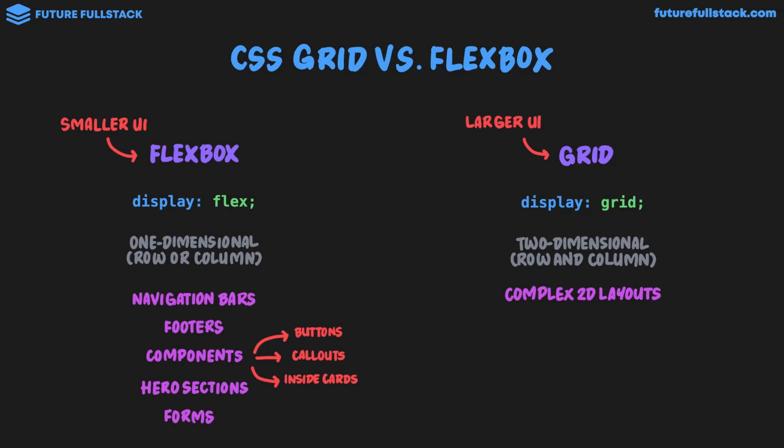It's also commonly used in large feature sections, where we saw an example of alternating images and grouped text in rows going down the page, and also used in cards, which could be in 2 dimensions or even in 1 dimension, like we just saw earlier. So as a general rule of thumb, Flexbox is used on smaller UI, and Grid is used on larger UI. And there are some cases where there is a bit of overlap where you could use Grid or Flexbox, just like those one-dimensional cards we looked at before.